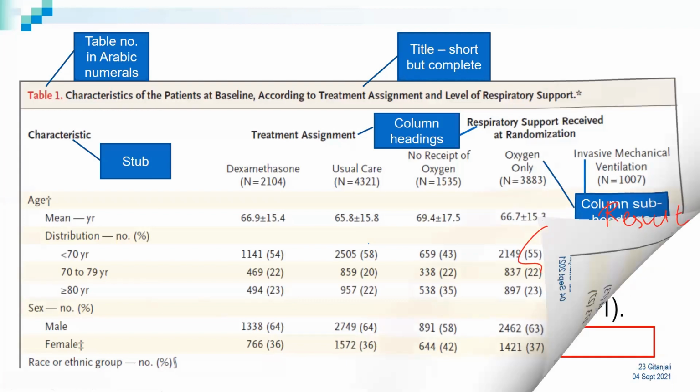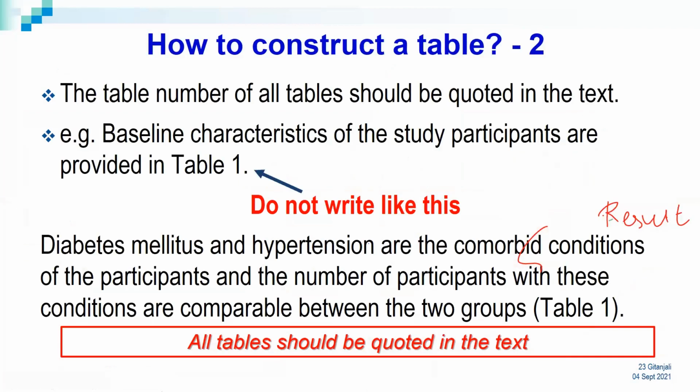Okay. Now, the table number of all tables should be quoted in the text. So generally what people write is, baseline characteristics of the study participants are provided in table 1. Please don't write like this. This is not a good way of writing.